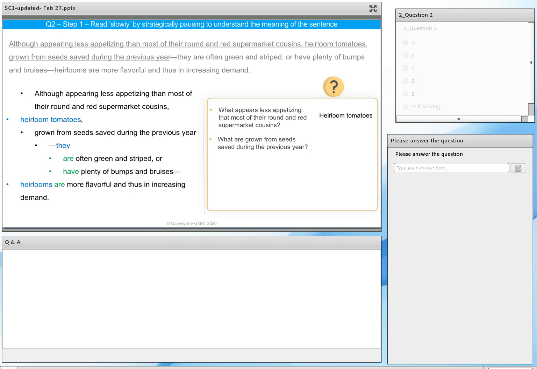Okay, now next question. What are grown from seeds saved during the previous year? Good. Okay. Yes. Nicely done. Again, heirloom tomatoes. All right, let me clear these answers out really quickly so I can get the next question going. What are often green and striped or have bumps and bruises?